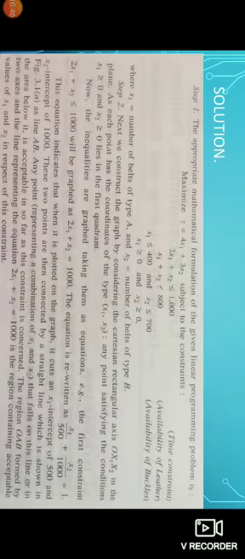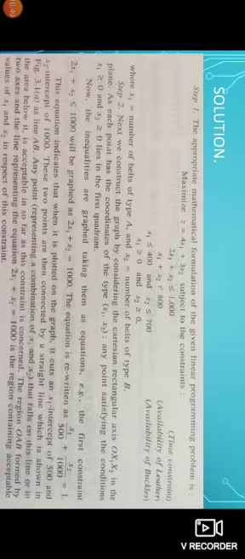So if x1 is equal to 0, then x2 is equal to 1000, and if x2 is equal to 0, then x1 is equal to 500.